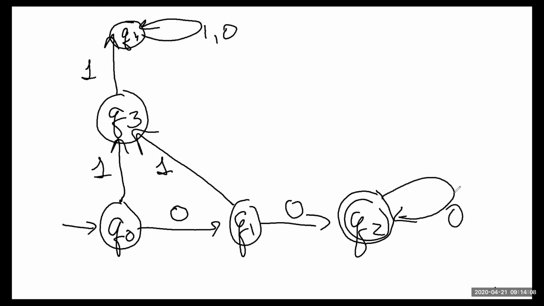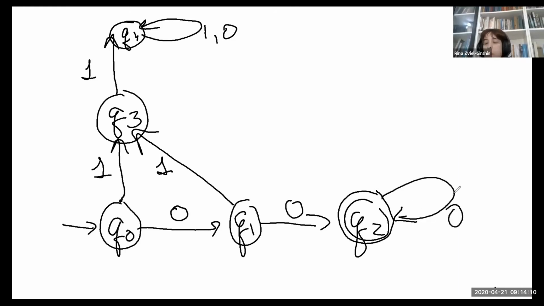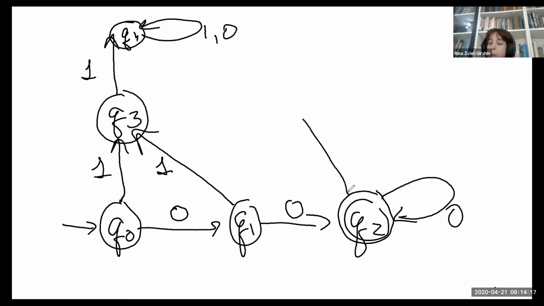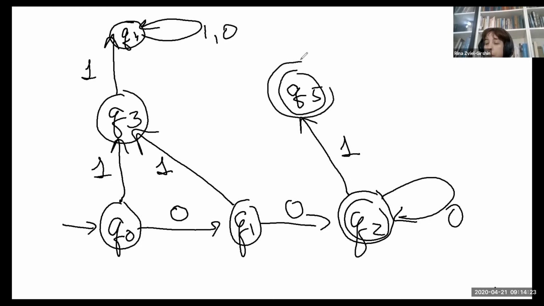I still continue to accept the word. If I have 1, you need to go to a new accepting state, Q5. It's still an accepting state because we saw substring 00, but we already started 1. Yesterday, some students moved from Q2 to Q3. It's a mistake.